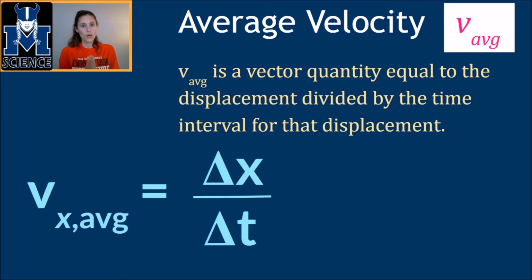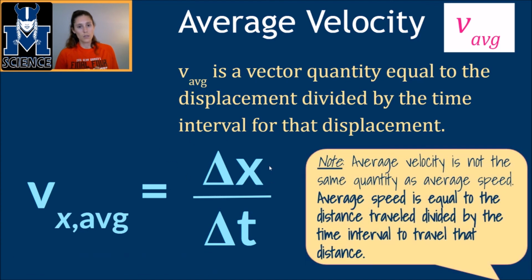When we take our displacement divided by our time, we get a vector quantity. Our average velocity is not going to be the same quantity as average speed. You always have a direction associated with velocity. With speed, you don't. Speed is always going to be positive. Velocity has that extra piece of information that tells us which direction you're going.